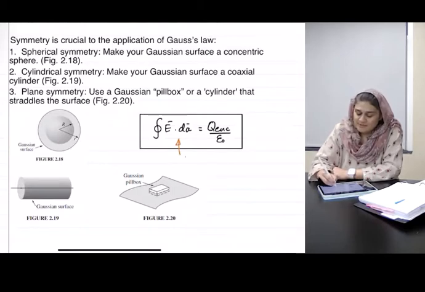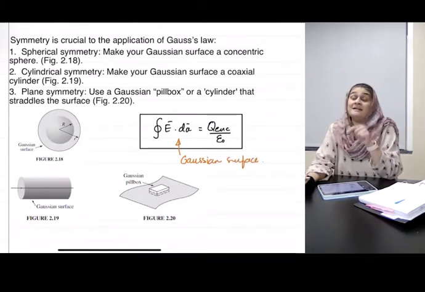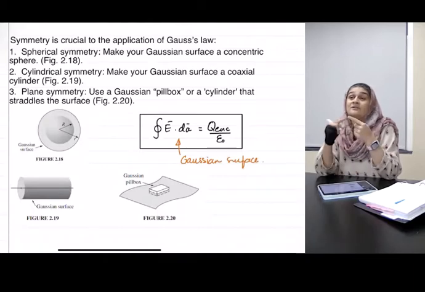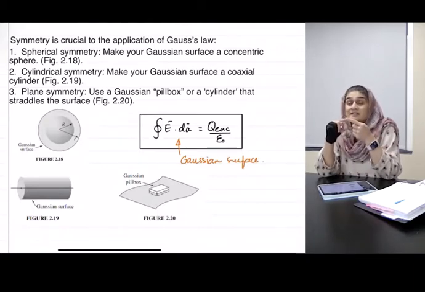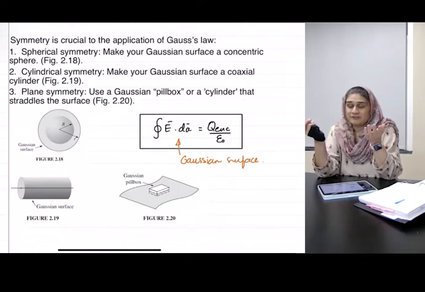This determines the Gaussian surface that you have. That dA depends on whether you have a cylinder, whether you have a sphere, or whether you have what is called a pillbox shape.